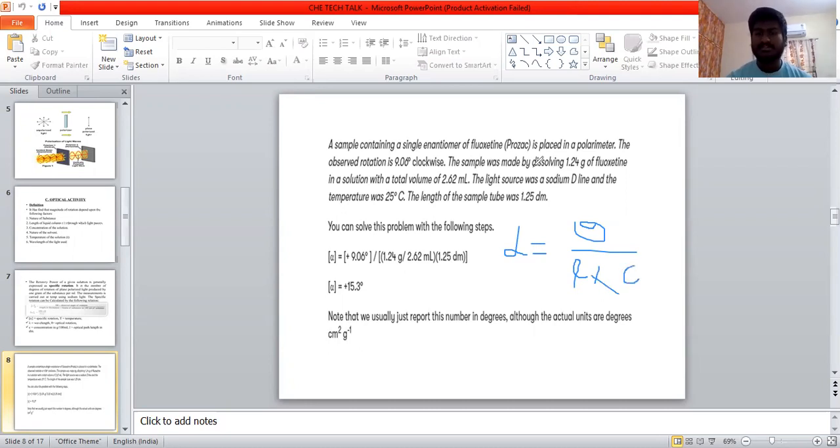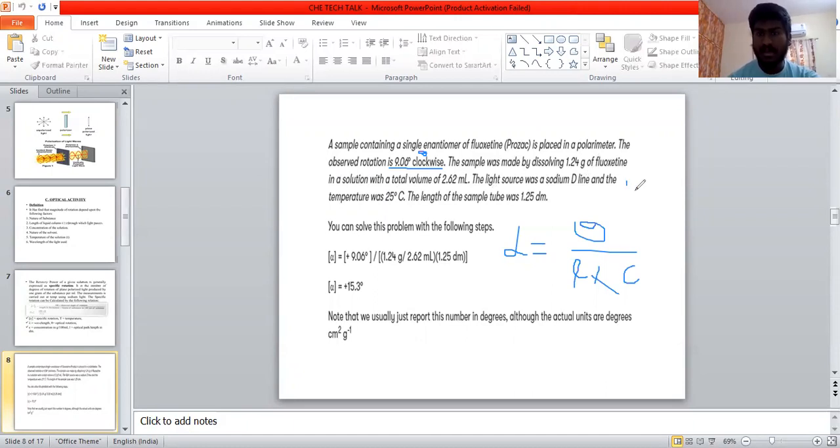So what is 9.06? 9.06 is your observed rotation. That is nothing but your theta value. And the sample was made by dissolving 1.24 grams of the compound in a total solution volume of 2.62. So this was your sample solution, dissolved in the total solution. So what happens?